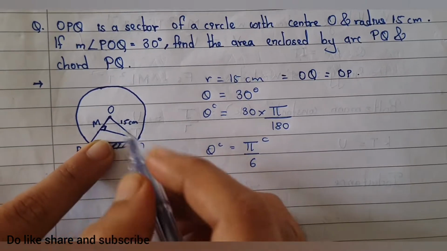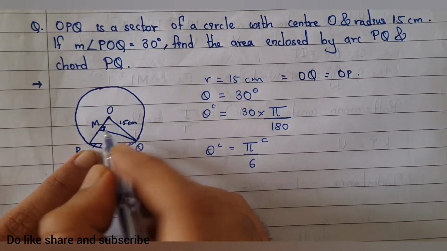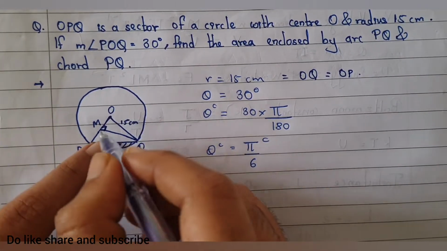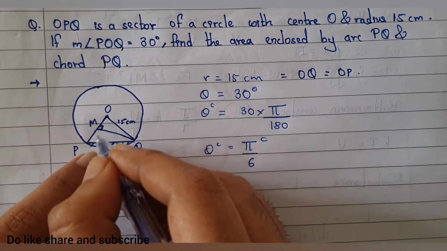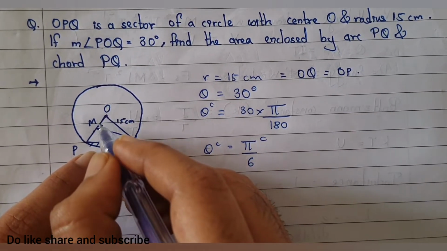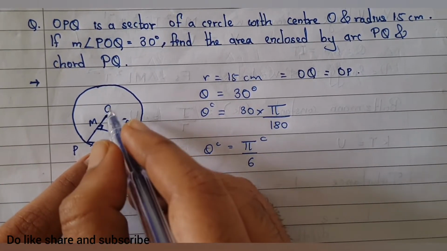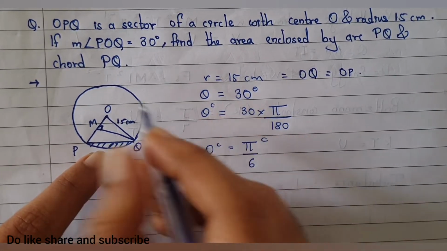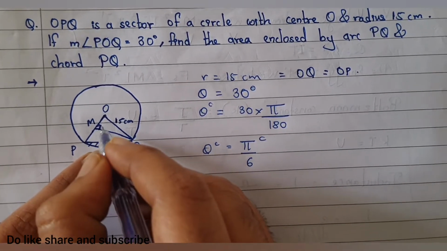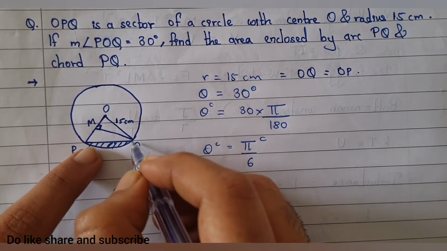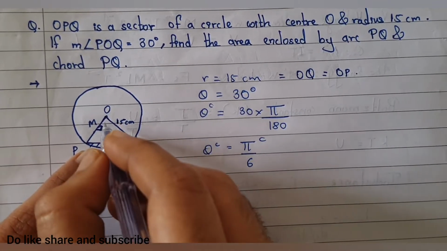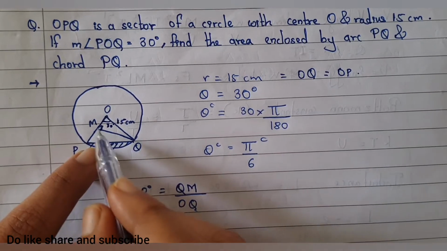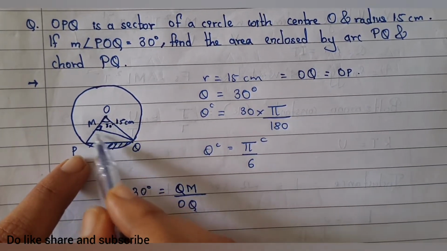We have taken a perpendicular M on OP, dividing it into OM and MP. So in this small triangle we have 30 degrees at angle O.